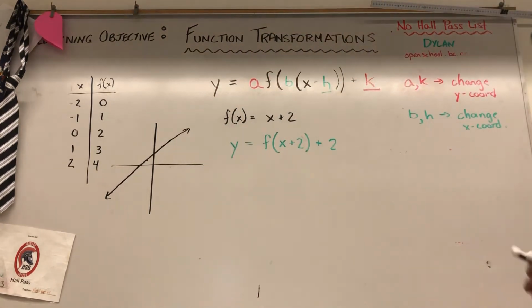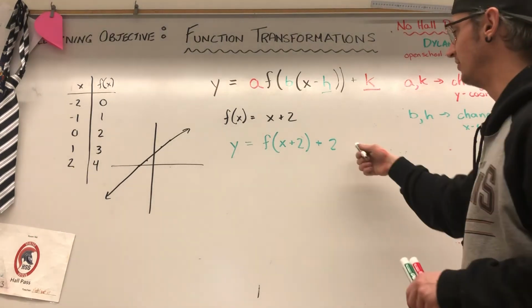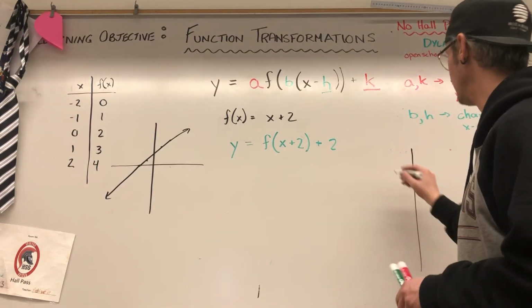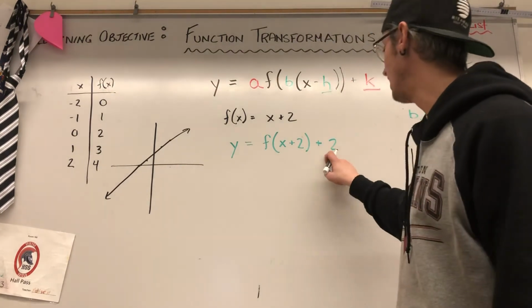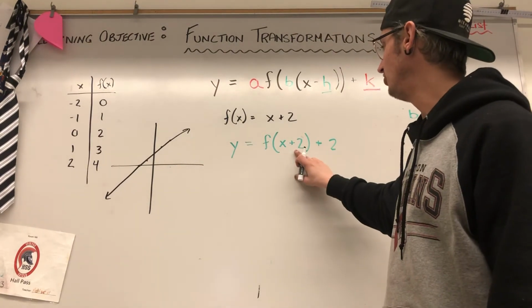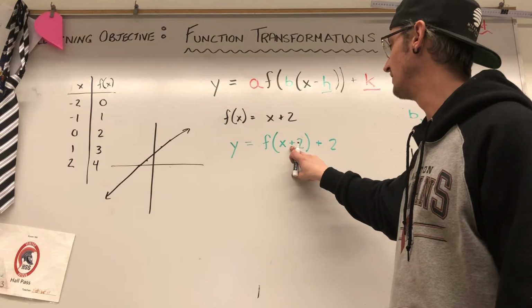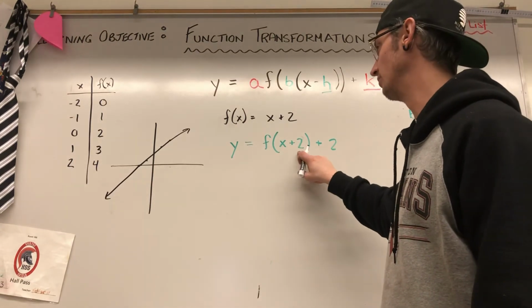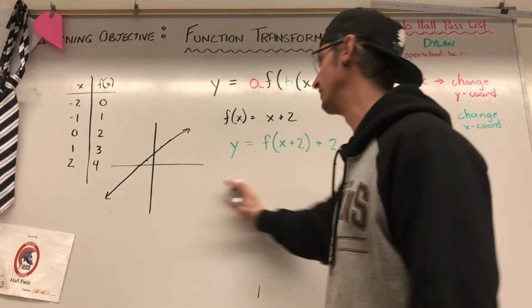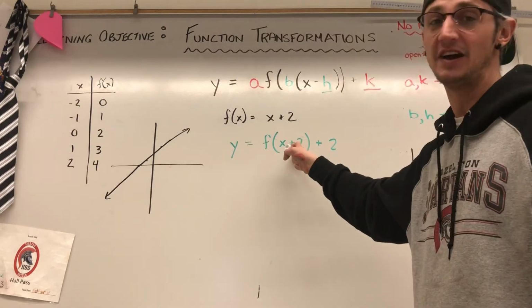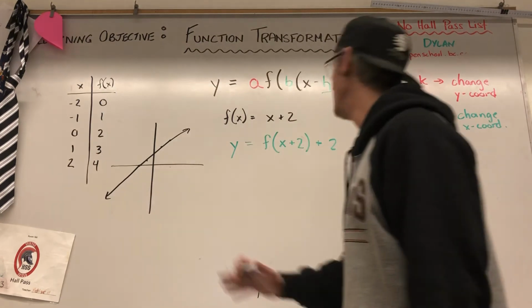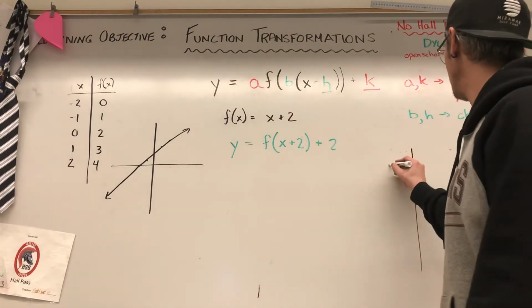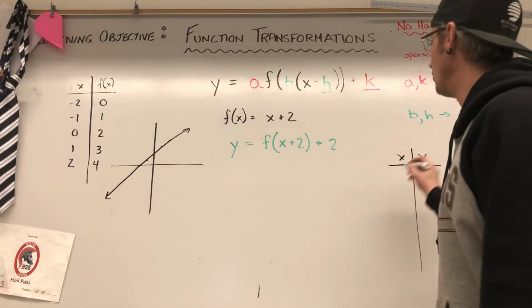Okay. So what I'm going to do, if I want to figure out what this new transformation looks like, I can already tell you, I'm moving left 2 units and up 2 units. H here now is negative 2 because you get the plus from a negative 2. So H is actually negative 2, which means we're going left, but you just go the opposite sign. So I'm going to push this whole graph 2 to the left, and I'm actually going to lift it up 2. But what would that look like with my existing coordinates?